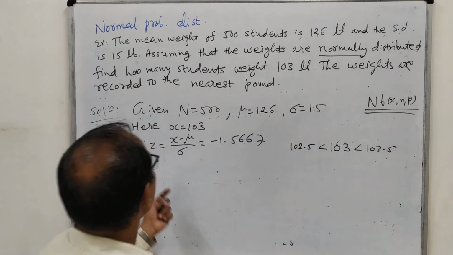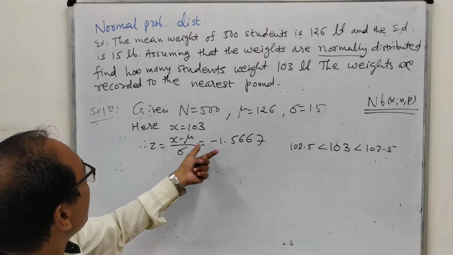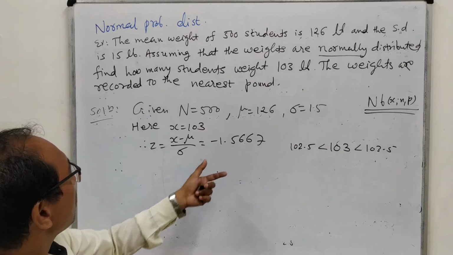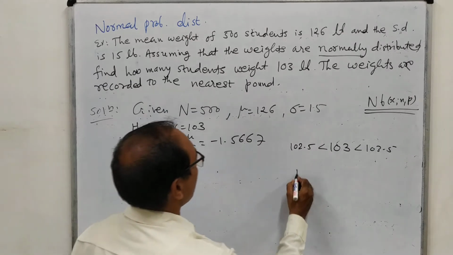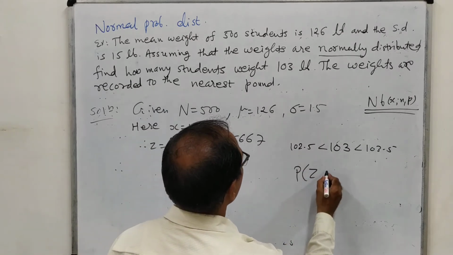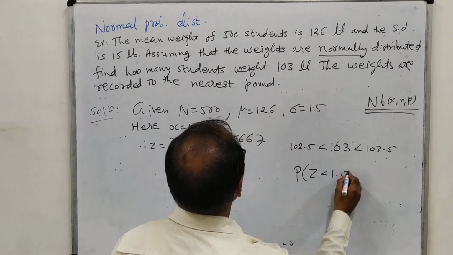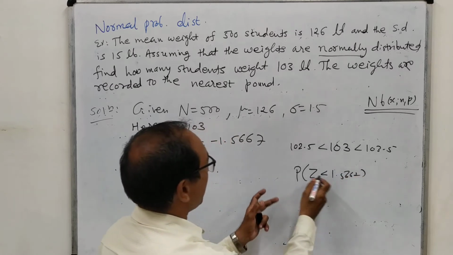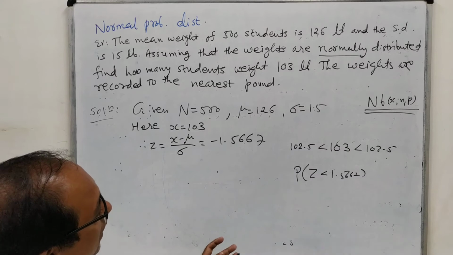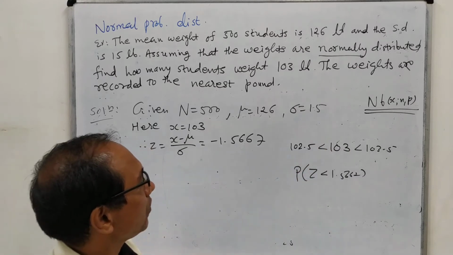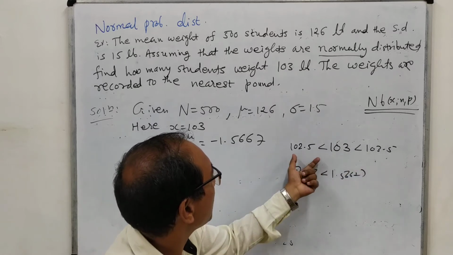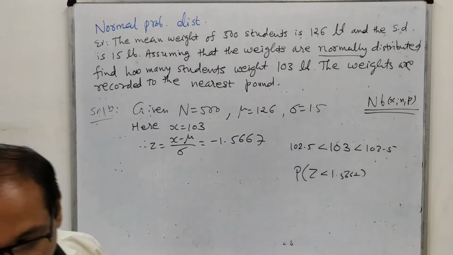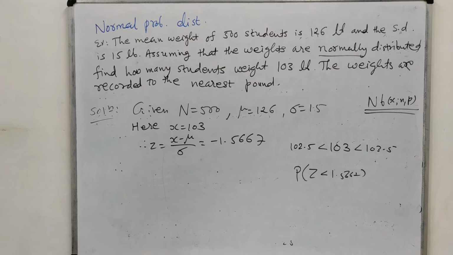So actually we cannot find out the value at exactly this point Z equal to, because the values in the table are given for Z less than or equal to minus 1.5667. Suppose we consider this value. So this is for less than, but not for exactly equal to. So if we want to find out exactly equal to, then we will find out the difference of these two. So it will give us approximately the value at 103.